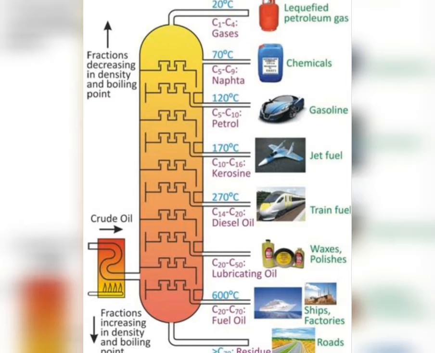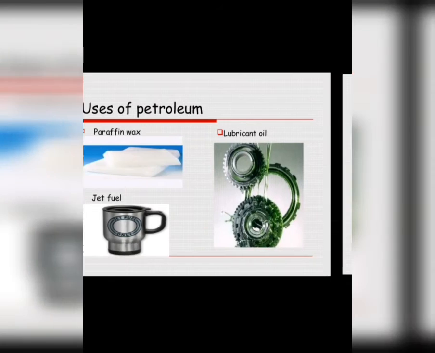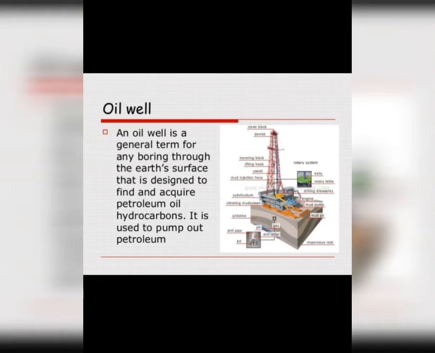Okay. And this refining of petroleum is carried out in an oil refinery. So, this crude petroleum oil is extracted from oil wells, then it is taken to the oil refinery through pipes. And in the oil refinery, crude petroleum oil is refined.